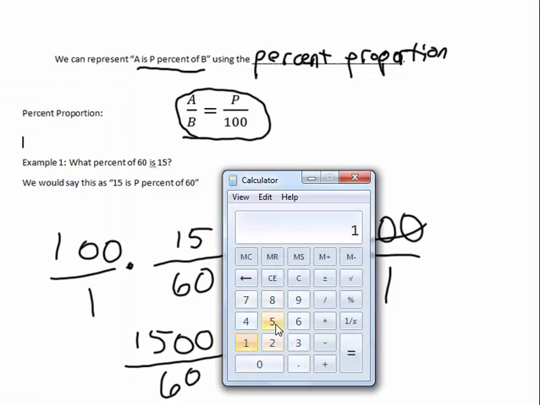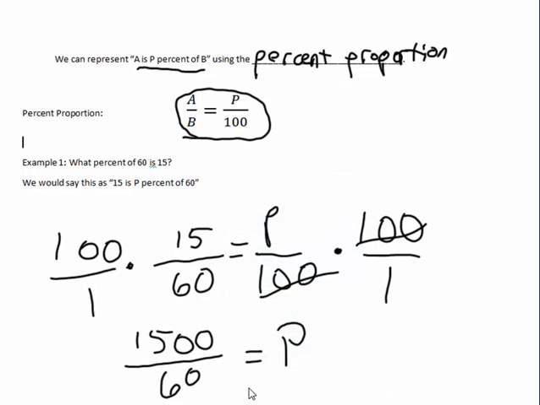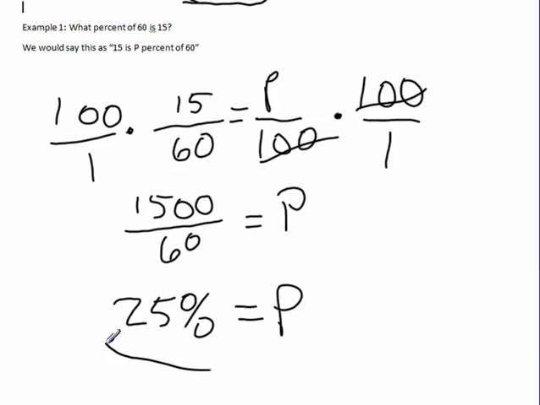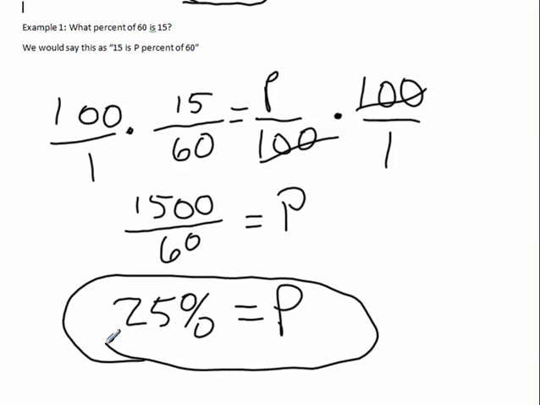We'd say 1500 divided by 60. Oh, 25. So P equals 25%. So 15 is 25% of 60.